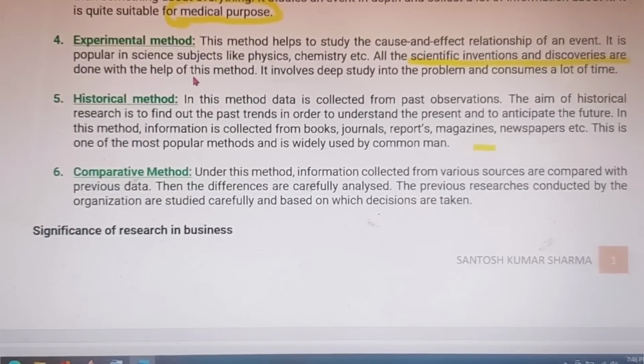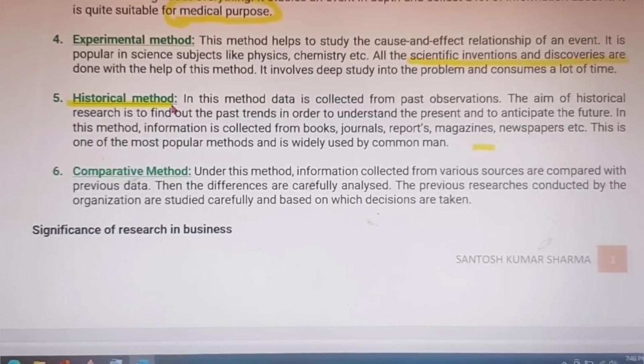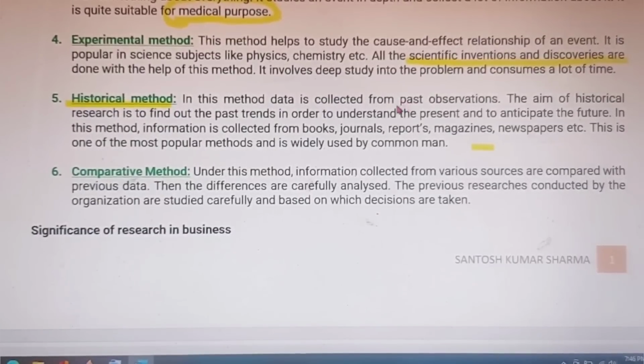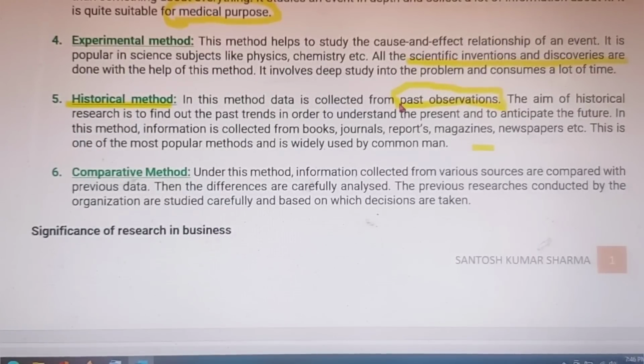The fifth method is the historical method. As the name implies, historical, it is not from history. Actually it is from past observation. Like in a company, whatever data we have collected in the past, the researcher tries to find out the solution from those past data and information.